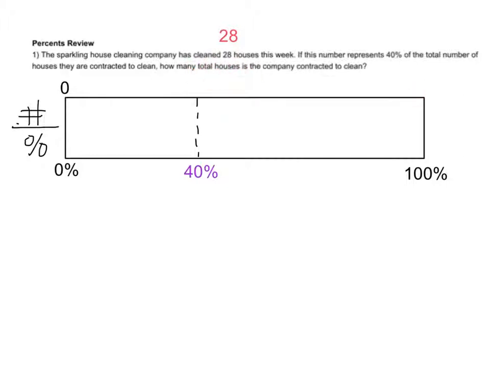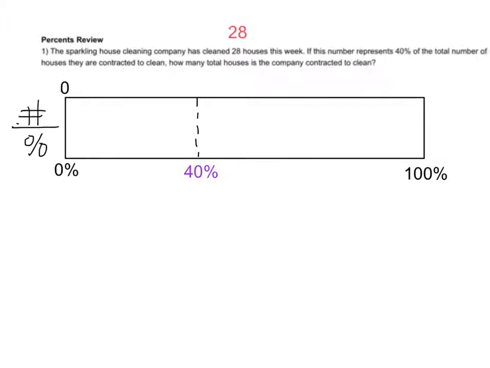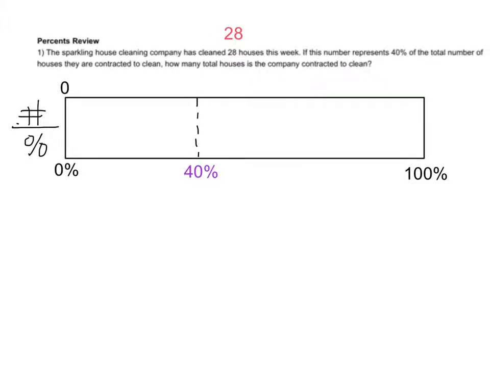So that leaves my 28 to be representing 40%. And it even states it in the problem: this number represents 40%. So we are trying to see, 40% of what number is 28? That's what we're trying to figure out.